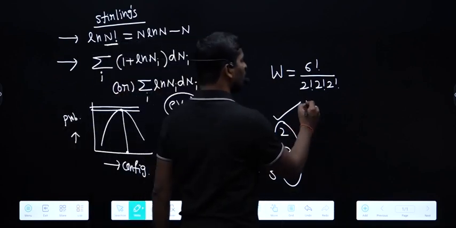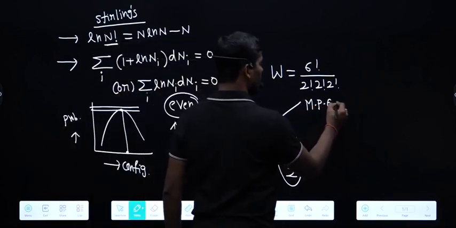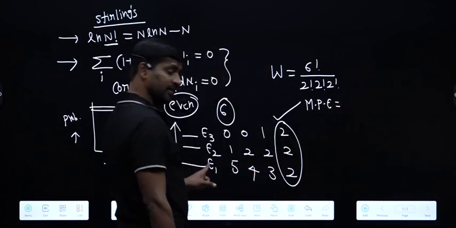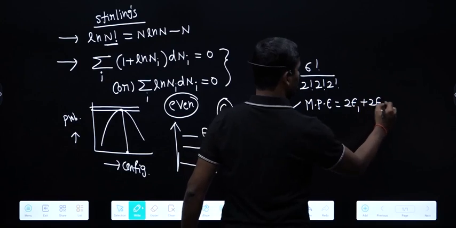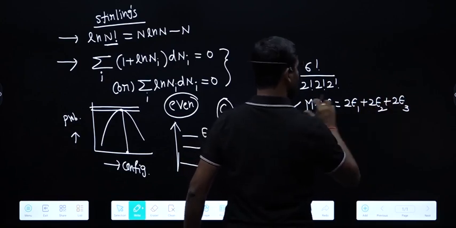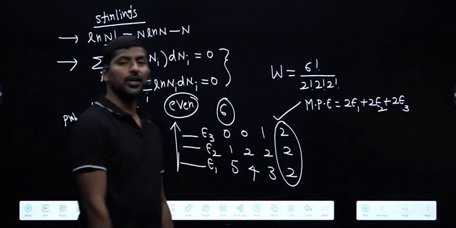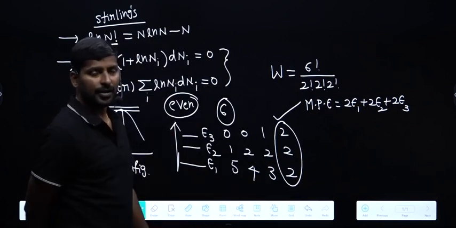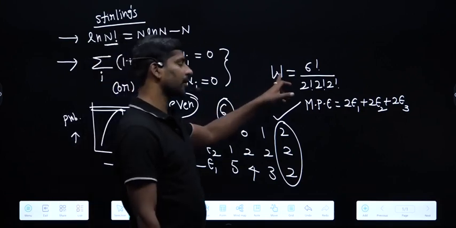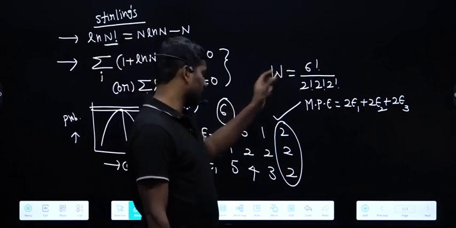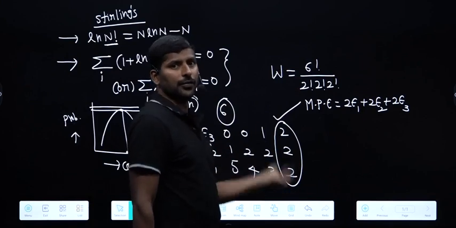So what is the most probable energy? 2 particles in the E1 level, so 2E1, 2 particles in the E2 level, 2E2, and 2 particles in the E3 level, so 2E3. That is the most probable energy of the given system.